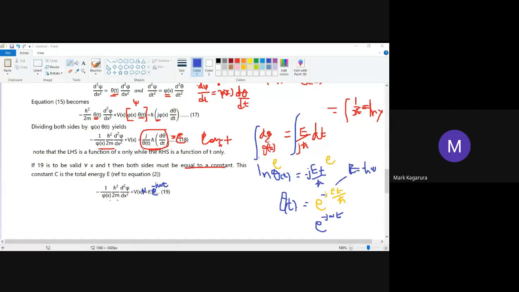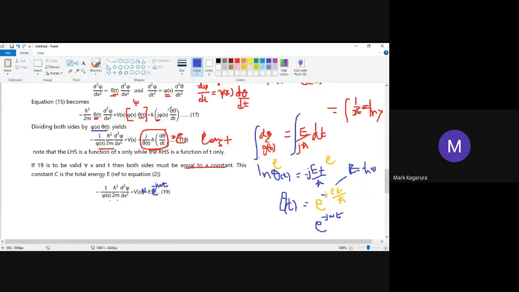Let's get this. So, yeah, just to cross check something here: because we divided through by this product, there's 1 over epsilon x, which is fine.